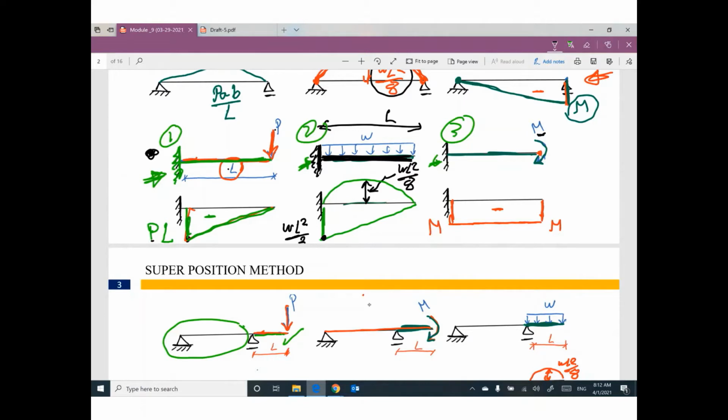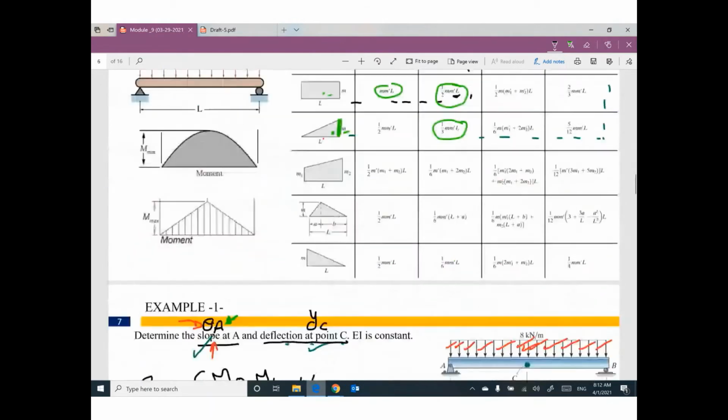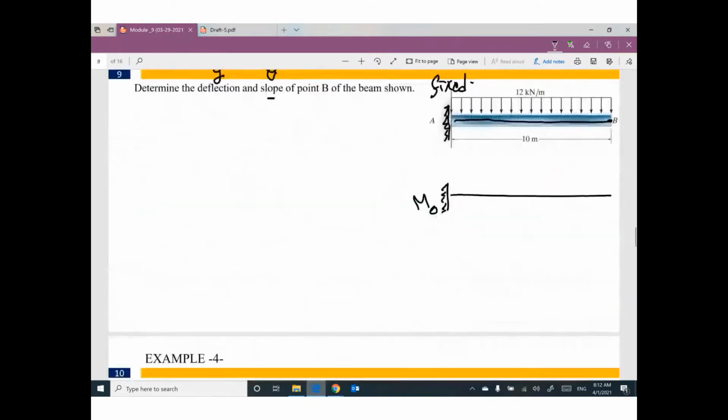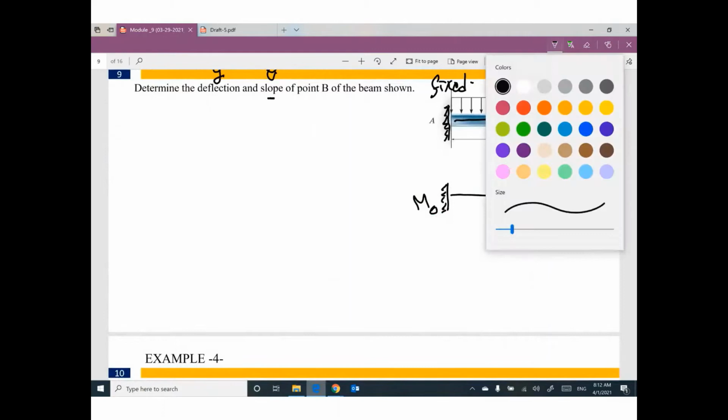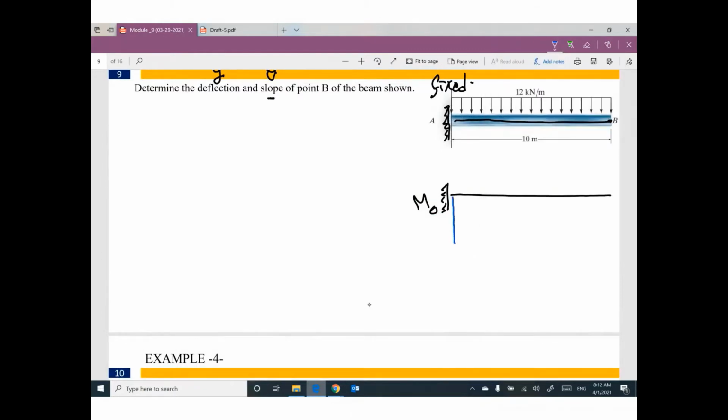So we have this triangle, and the value of moment here is WL squared divided by 2, and this parabola, where the maximum moment is WL squared divided by 8. Let's do it. So the bending moment diagram will be this triangle. The value of moment here is WL squared divided by 2.